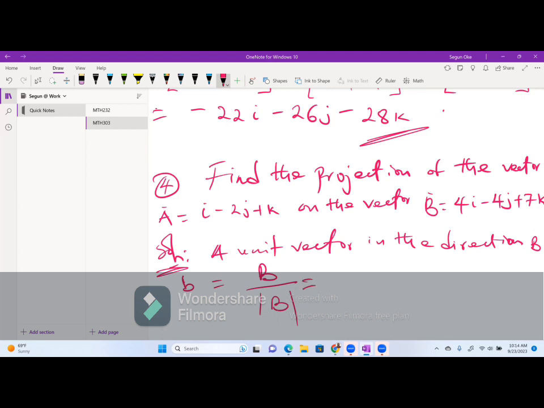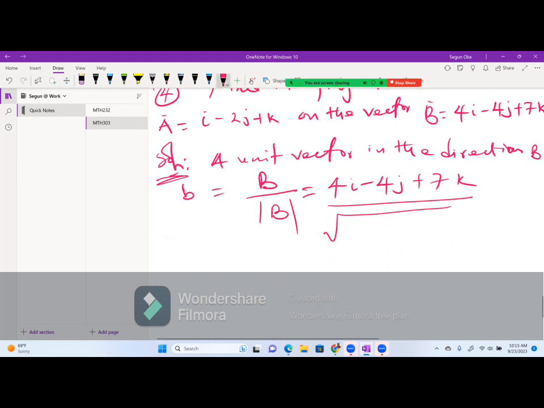So we have, what is B? Our B is 4i minus 4j plus 7k divided by, remember when you are finding the magnitude, square root of what? Square root of B will be 4 squared plus minus 4 squared plus 7 squared.